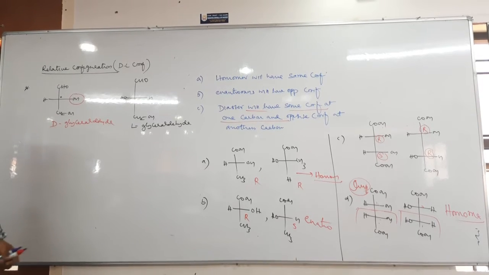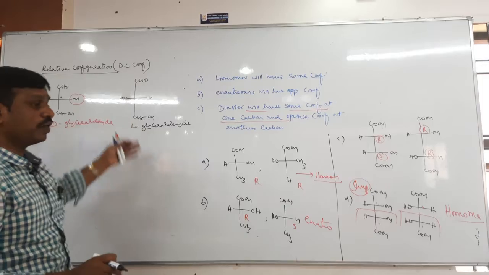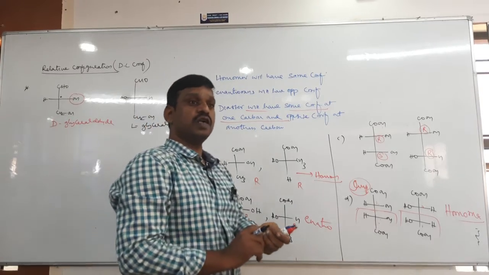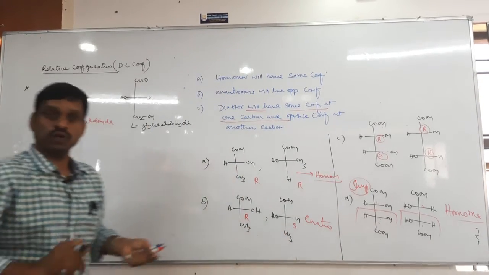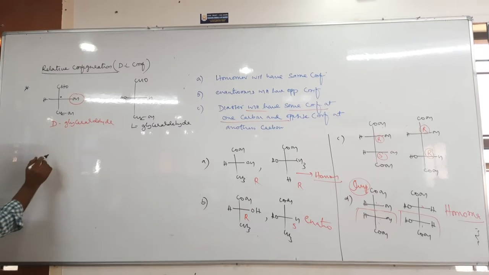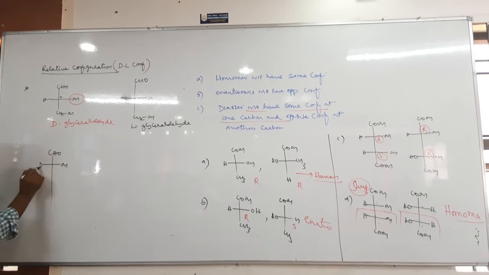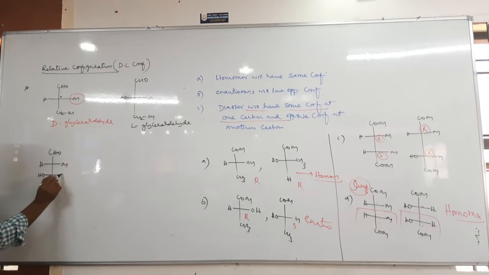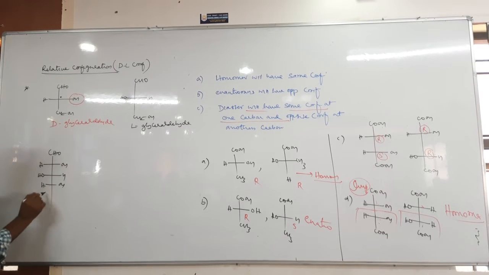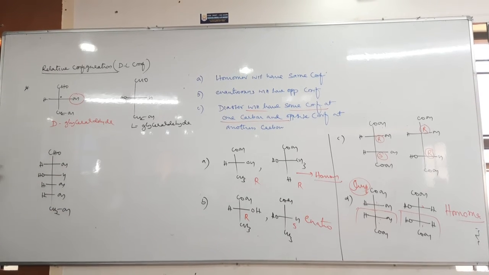Then this same nomenclature is applied to other carbohydrates, for example glucose. Glucose contains more than one OH group. If the molecule contains more than one OH group, then the highest asymmetric carbon should be considered. Which is the highest? First, second, third, fourth, fifth.